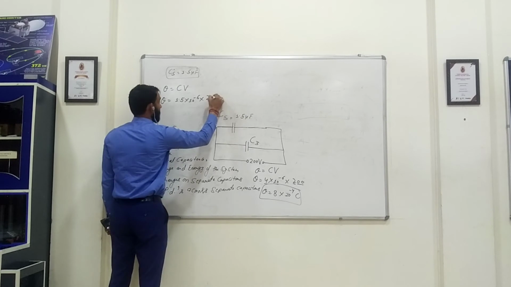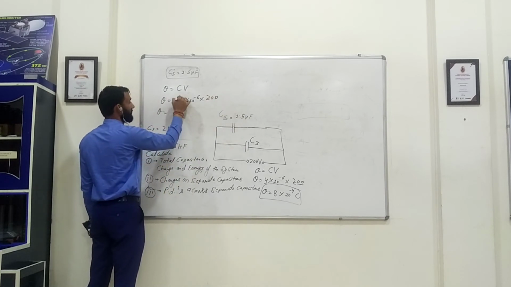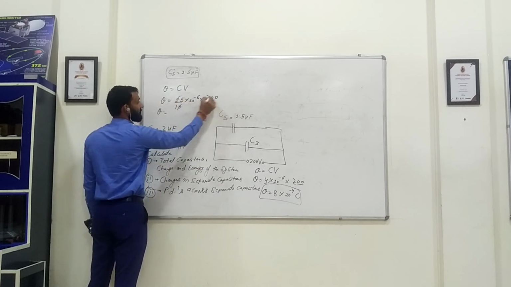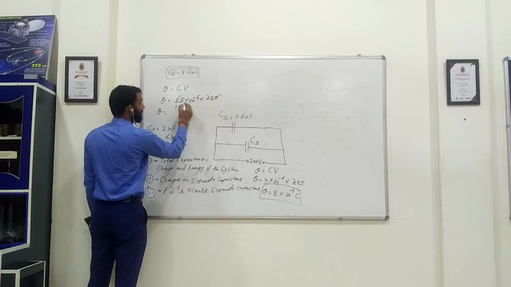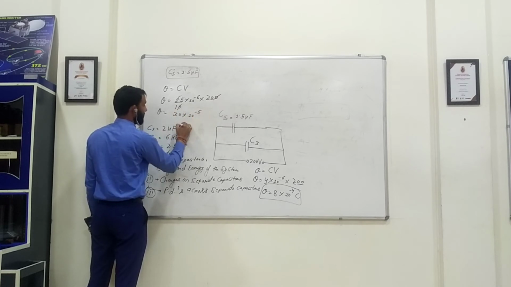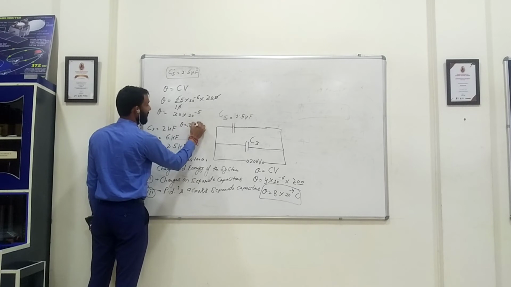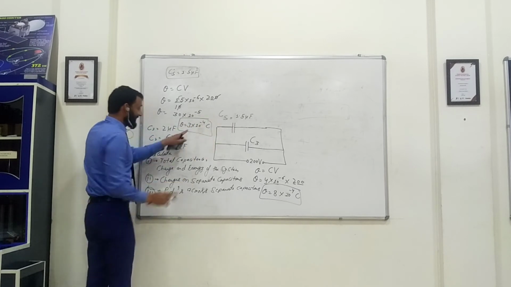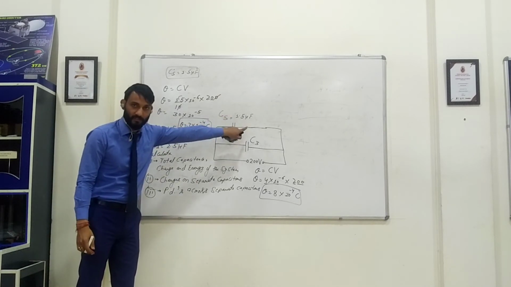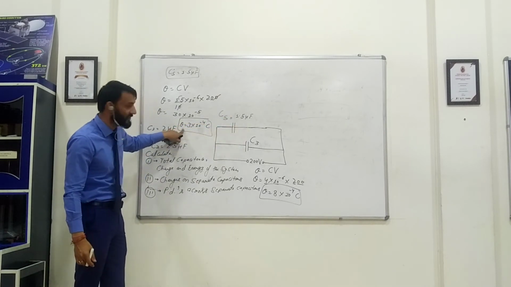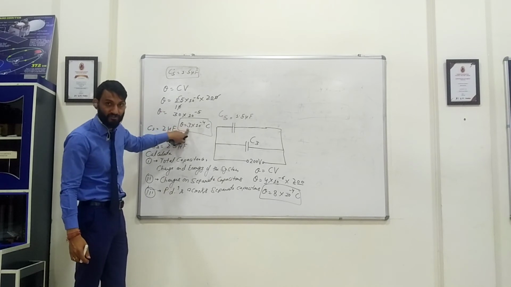So Q is equal to 15 into 2, 30 into 10 to the power minus 5, so Q is equal to 3 into 10 to the power minus 4 coulomb. So this charge will pass through the combination of C1 and C2, correct?